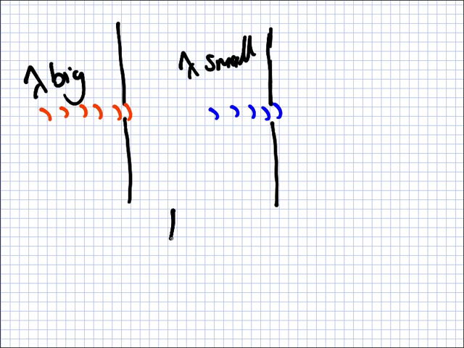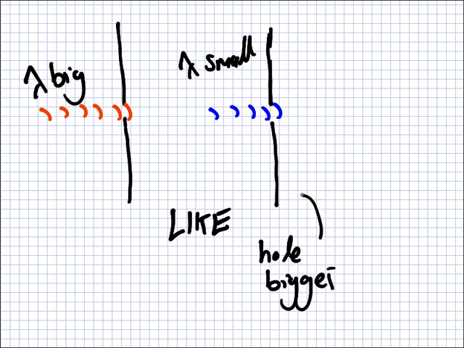Do you get what I'm saying here? What I'm saying is, because the wavelength is smaller, it's like the hole is bigger compared to the wave, because the wave is smaller. Do you get the idea? Yes.